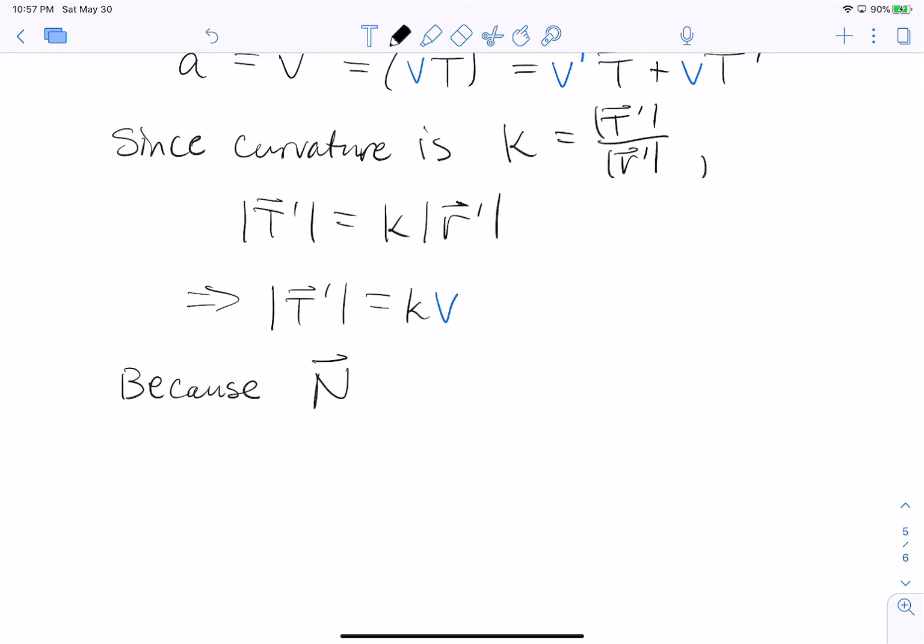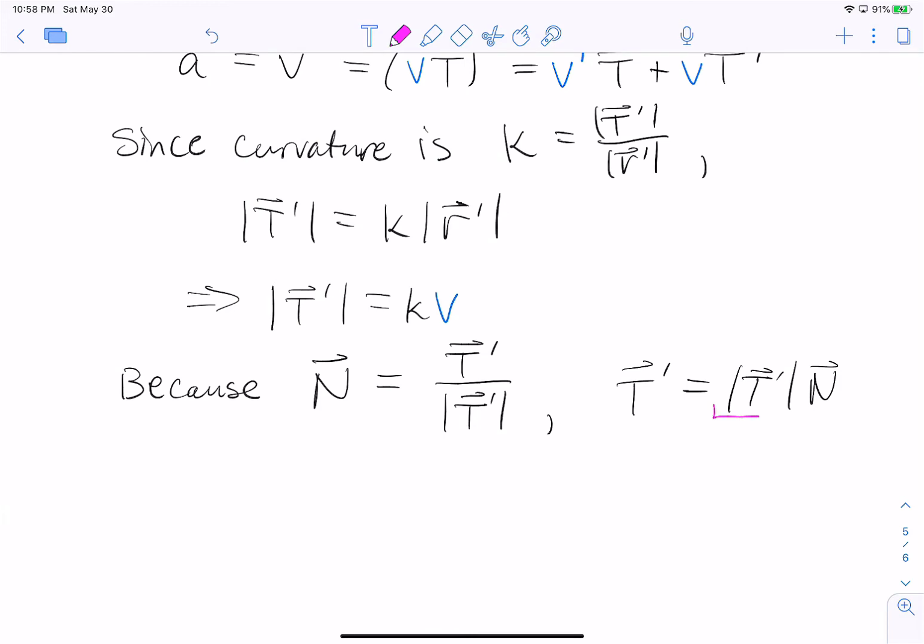Because the unit normal vector N is equal to T prime divided by the magnitude of T prime, clearing that fraction gives us that T prime is equal to its magnitude, the magnitude of T prime, times N. Okay, now I'm going to start to put things together.